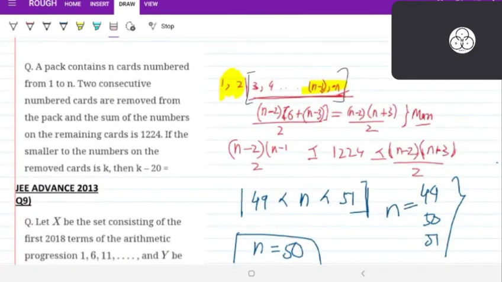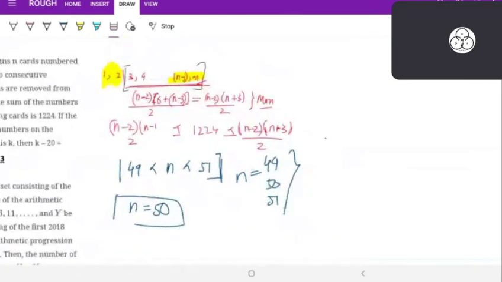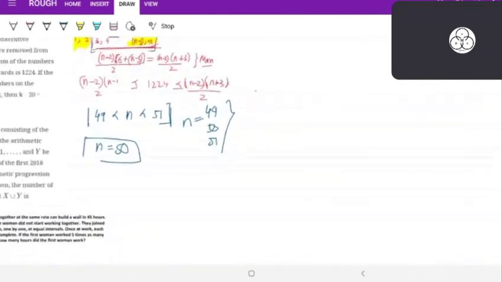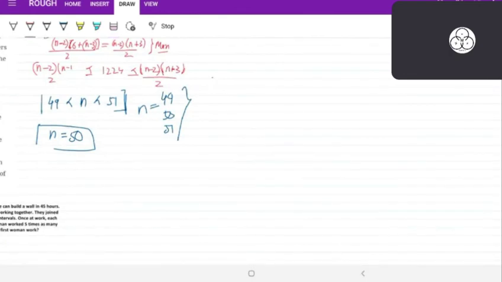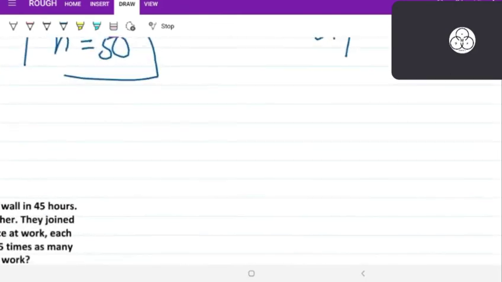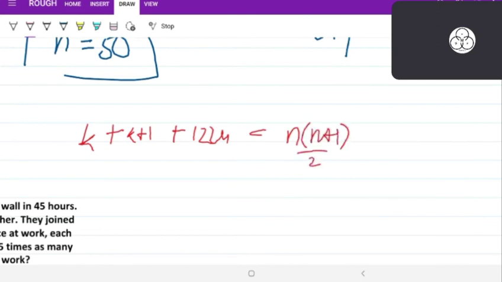If the smaller of the numbers is removed, then k is... the number of terms is 50. It is very easy. Now the remaining sum is also given: k plus 1 plus 1224 equals n into n plus 1 by 2, the sum of the first n natural numbers.